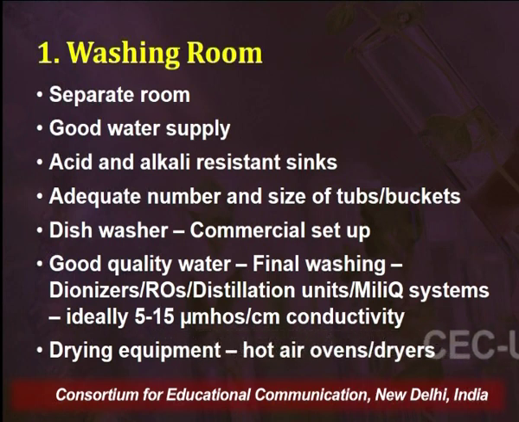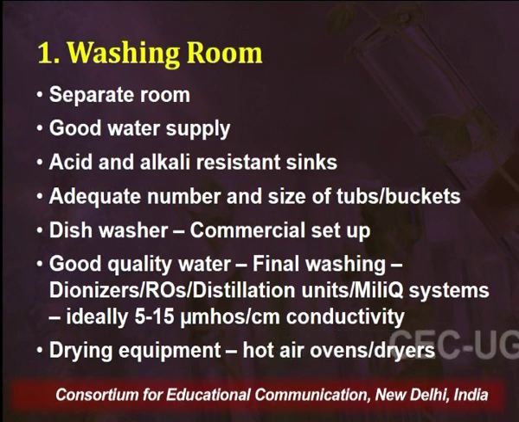The sinks that are being used in the washing room should be resistant toward any kind of acid or alkali treatment, because many a times we wash our glassware with chromic acid or any other suitable acid, so the sink should be resistant towards those chemicals.